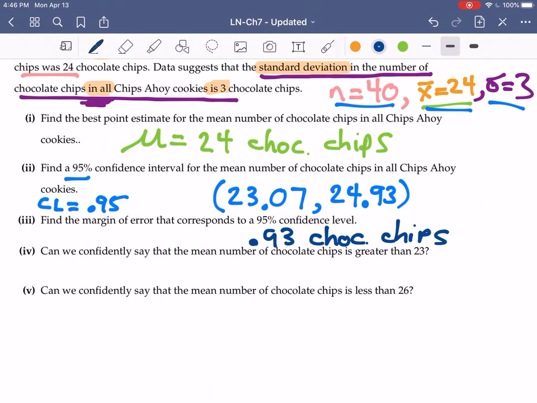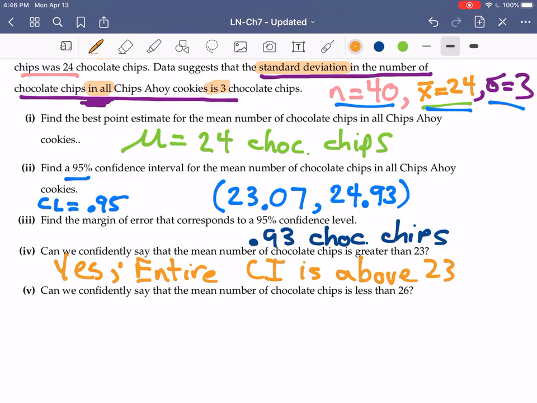Can we confidently say that the mean number of chocolate chips is greater than 23? Can we say that confidently? Yes. Why? The entire confidence interval is above 23.